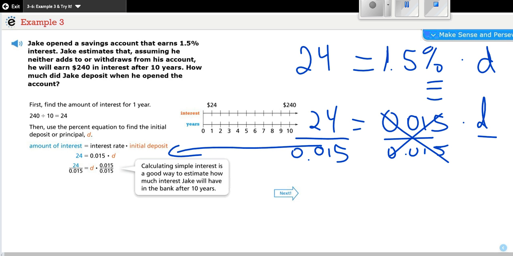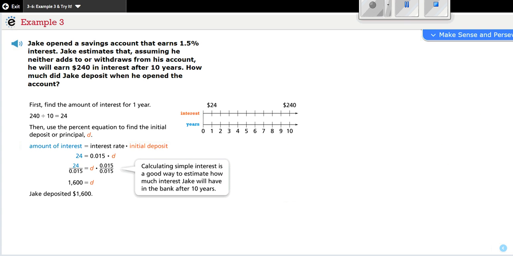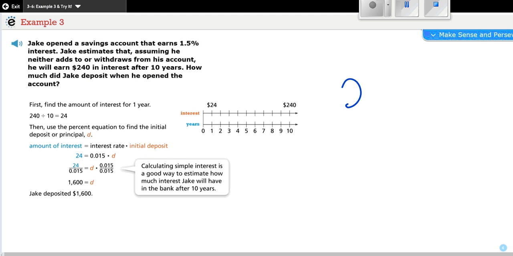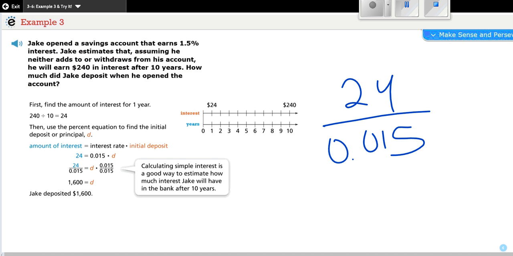This, of course, will cancel out, and we have 24 divided by 0.015. So in the end, we see that 24 divided by 0.015 is equal to this number right there. And so that is how much Jake deposited.